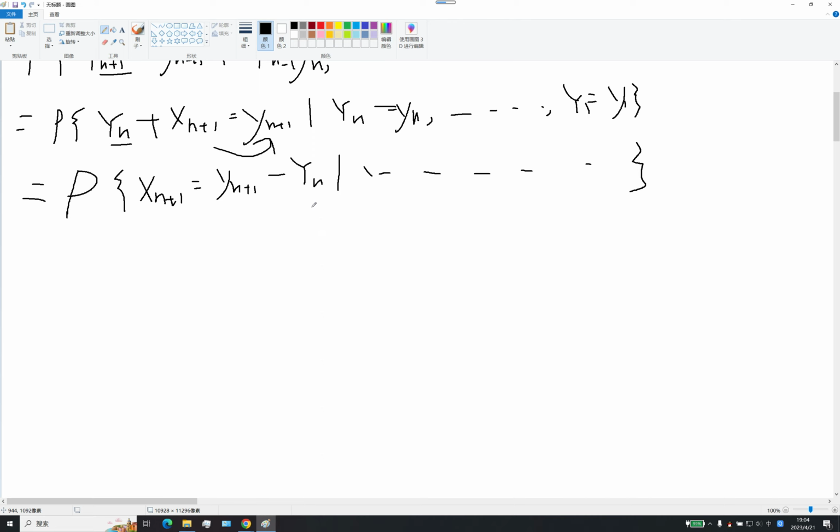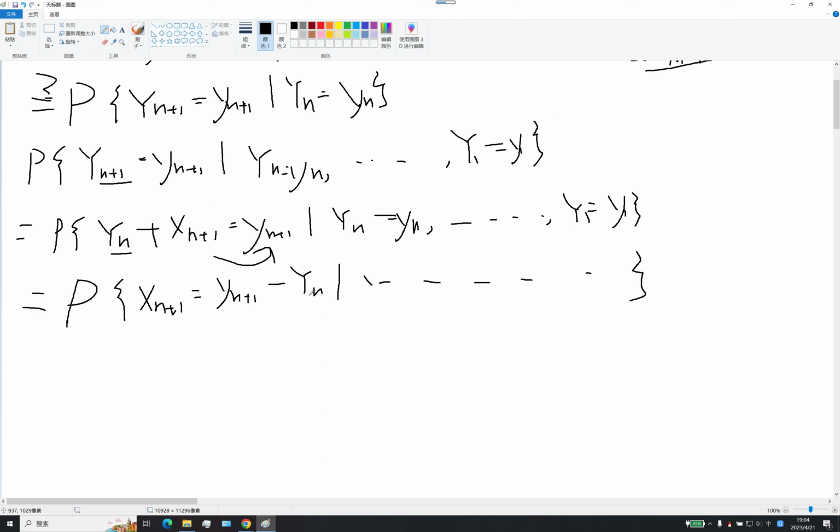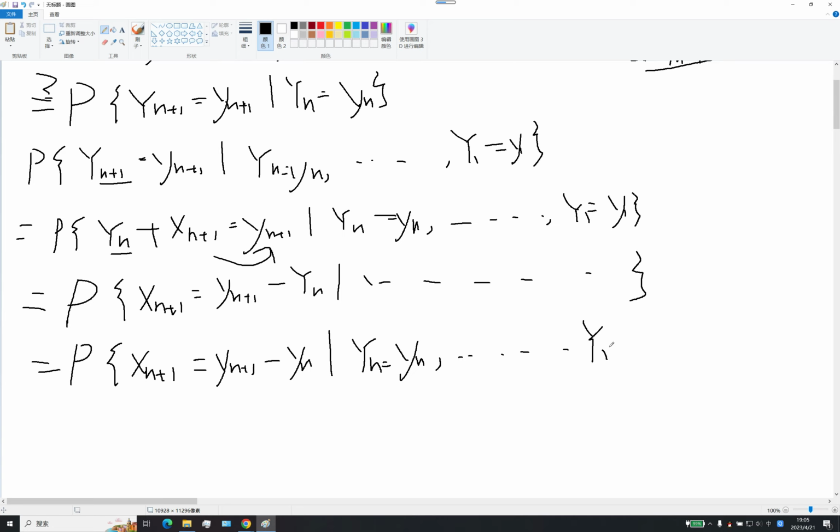Because we know that Yn equals little yn, it is equal to X(n+1) = y(n+1) minus yn on the condition of Yn = yn and Y1 = y1.